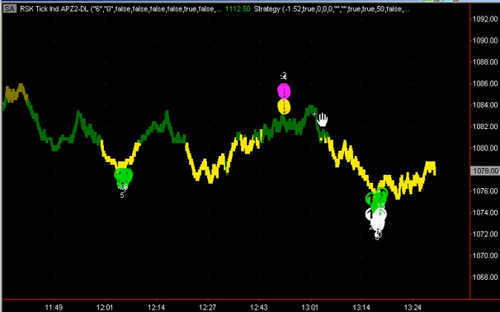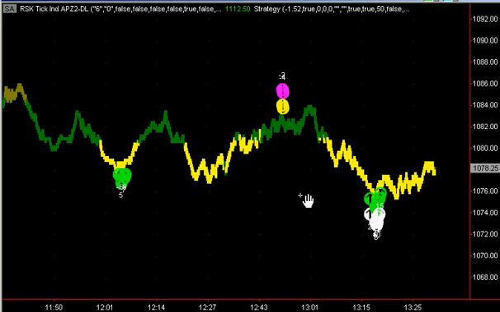Just a few minutes later, the market moved a little bit higher, and as it moved higher, it actually produced a better trade. We were no longer hitting the specific settings of this strategy.